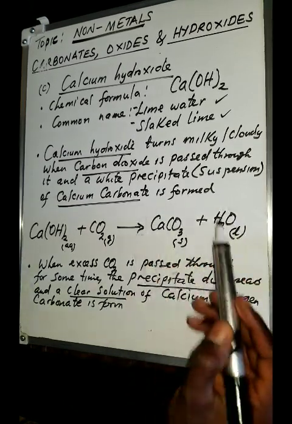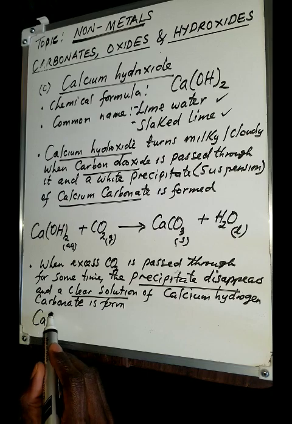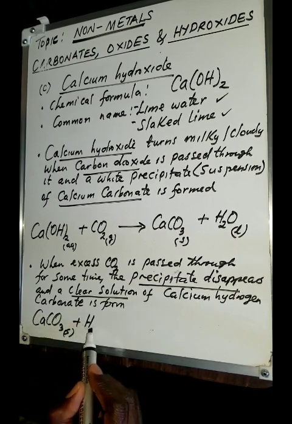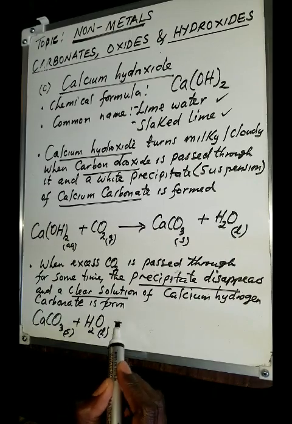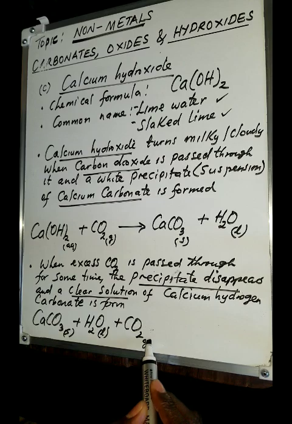So what I mean, you can get this reaction that you have this side, calcium carbonate in solid form reacting plus the H2O. Since you have continued to bubble more carbon dioxide, it simply means plus carbon dioxide.